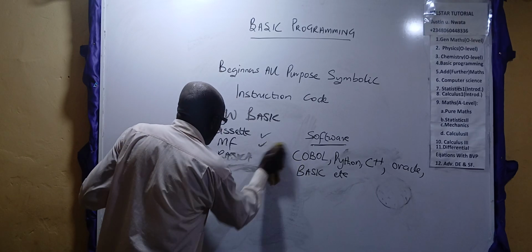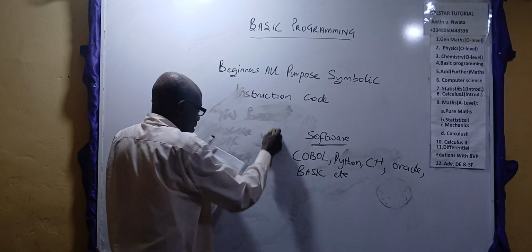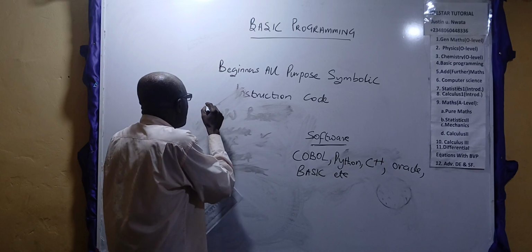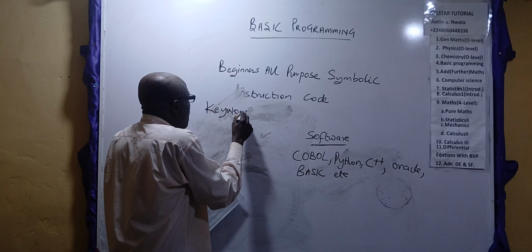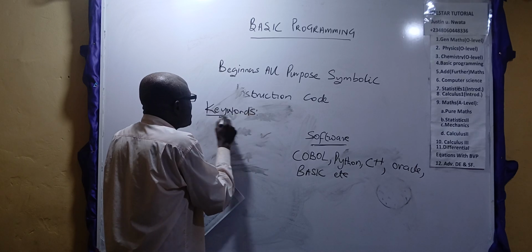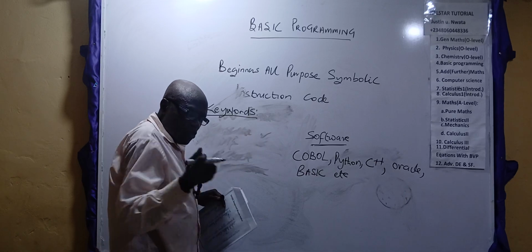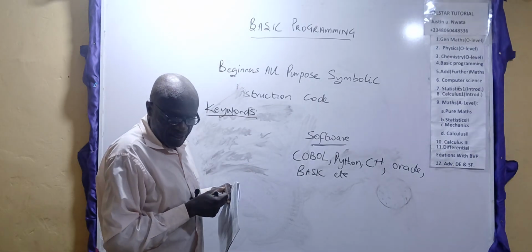The Basic programming language has what we call keywords. What makes it easier to understand is that these keywords are words drawn from the English dictionary.